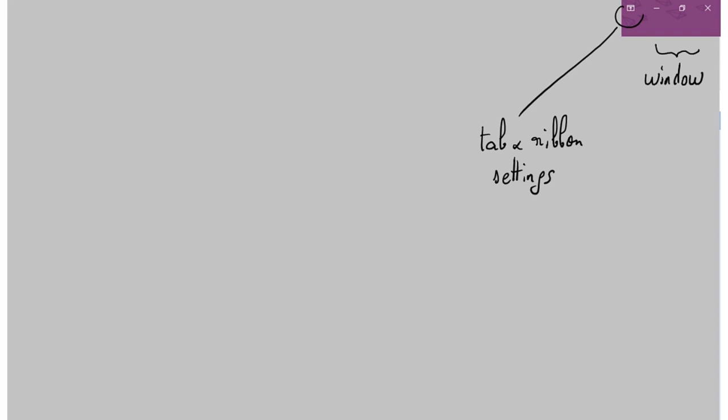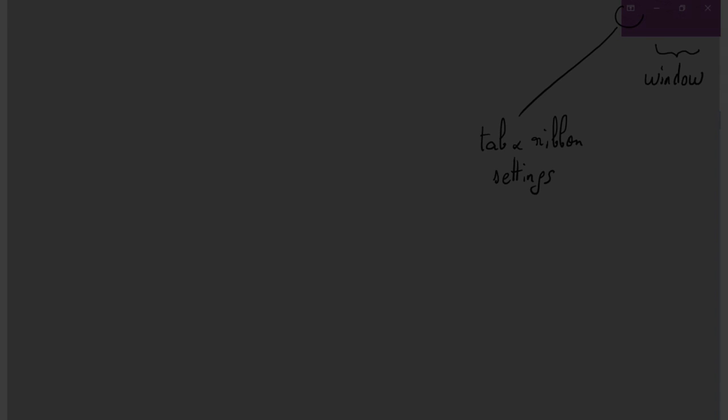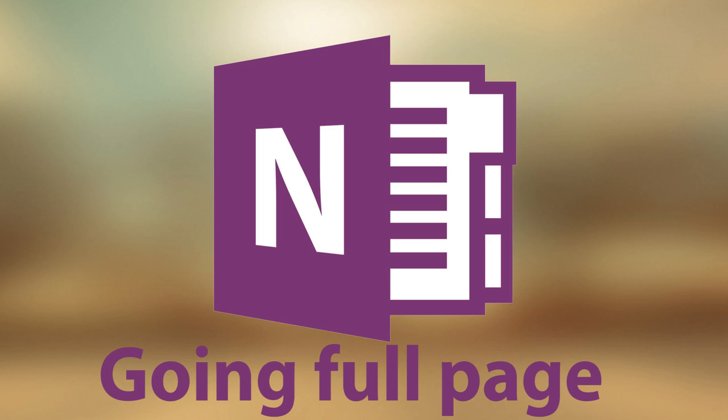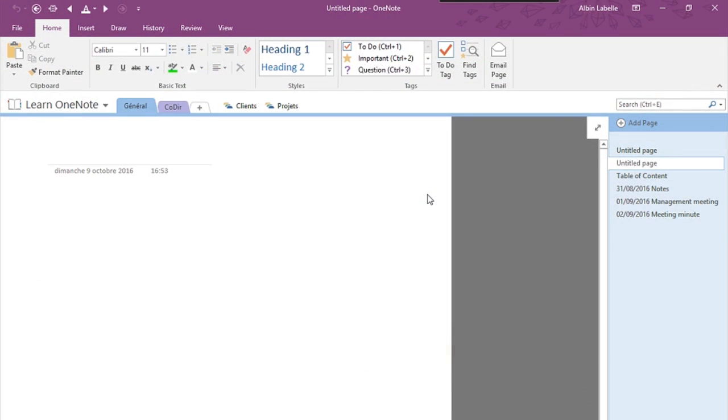Now that you are familiar with the different areas and their names, let's see how to hide them in order to maximize your working area. This button toggles between the normal view and full page view, basically hiding all unnecessary stuff.